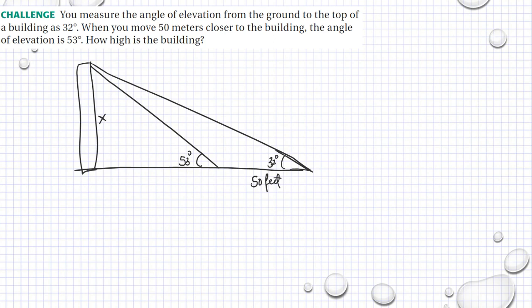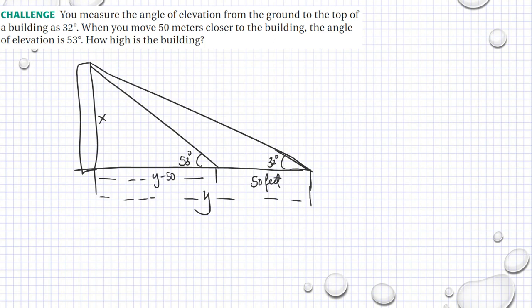So our x here is the height. If the whole distance is, we call it y, then this distance should be y minus 50.